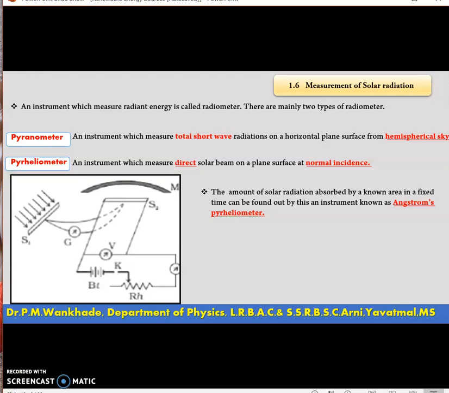Here we will describe a basic instrument used to measure solar radiation, the Armstrong periheliometer. The amount of solar radiation absorbed by a known area in a fixed time can be found out by this instrument, known as the Armstrong periheliometer.